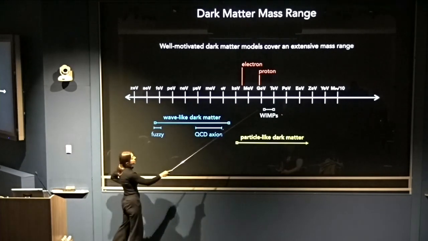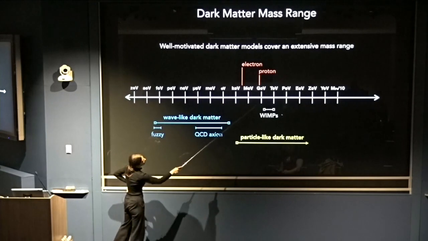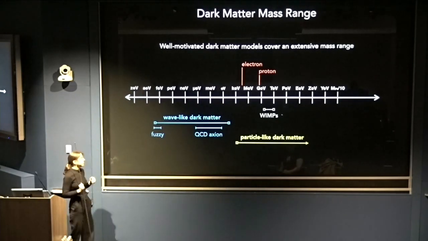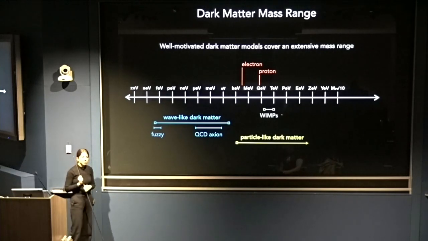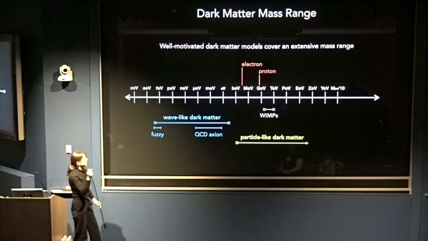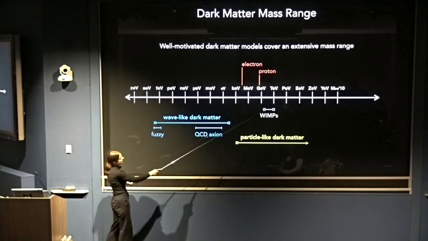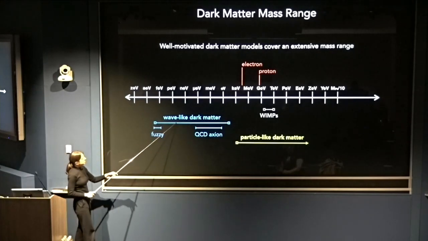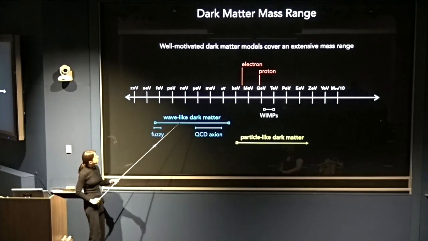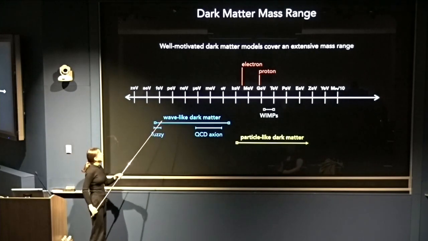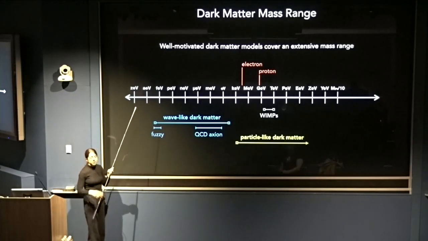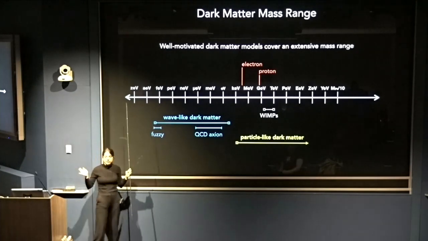And actually this particular spot right here is a class of dark matter that's really actively being pursued experimentally and very theoretically interesting, which is why I marked it off here, but it's definitely not wave-like. But we're going to build a lot of intuition for what happens when the dark matter is in this range, so very ultralight, with wavelengths that can be, at least on this end, essentially as large as galactic scales.